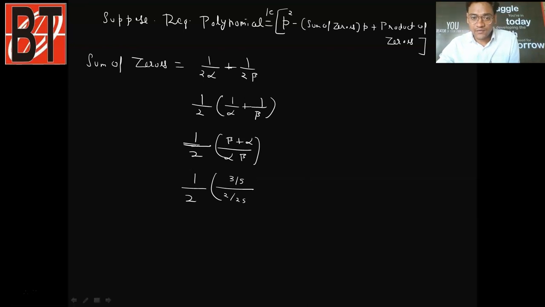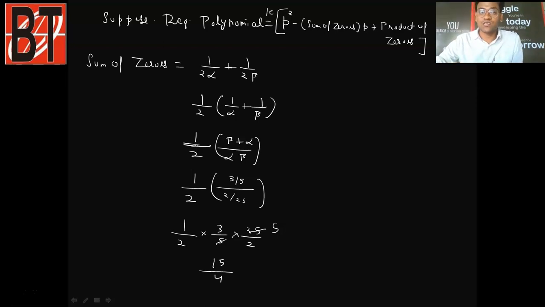After simplifying, I will get 3 by 5 into 25 by 2. Clear? So the final answer is going to be 15 upon 4. It is the required sum of zeros.